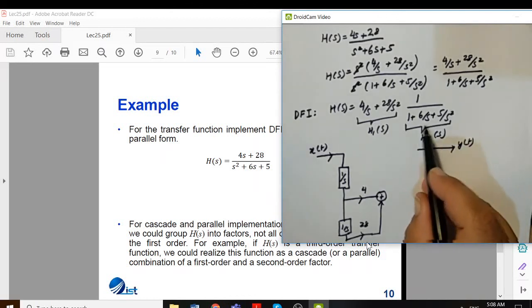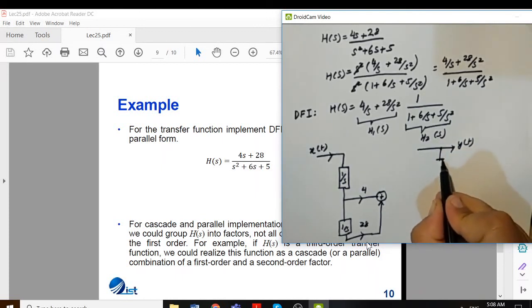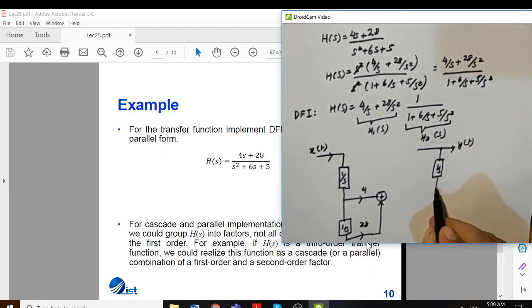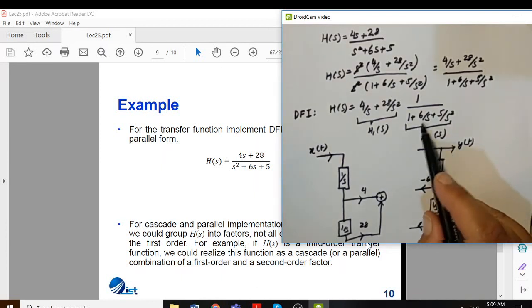And this part was the feedback part. I'll advise you to quickly revise lecture 15, because from lecture 15 we can recall that the coefficients in the feedback part come with a minus sign. You can say that it's an opposite sign to what is appearing in the differential equation or the denominator.